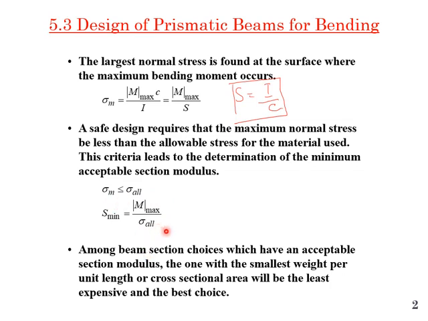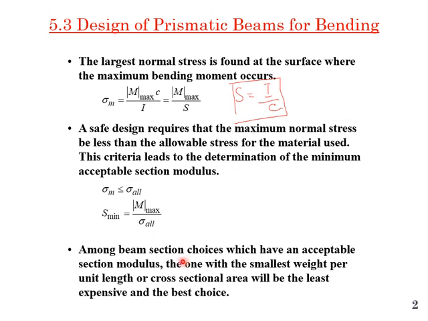Among beam sections which have an acceptable section modulus, the one with the smallest weight per unit length or cross-sectional area will be the least expensive and the best choice. Means we have some standard beams as well, so we will select the standard beam which has an acceptable range of S minimum and which has the smallest cross section. Why?